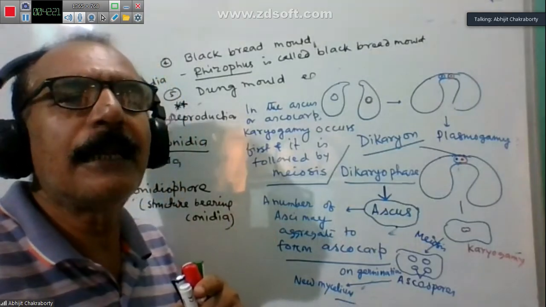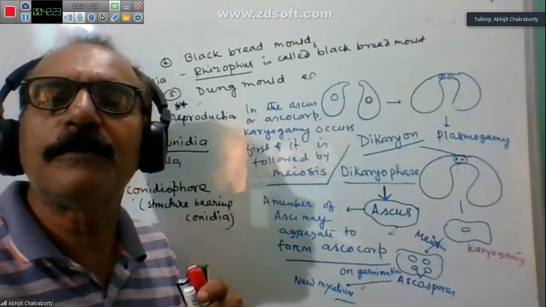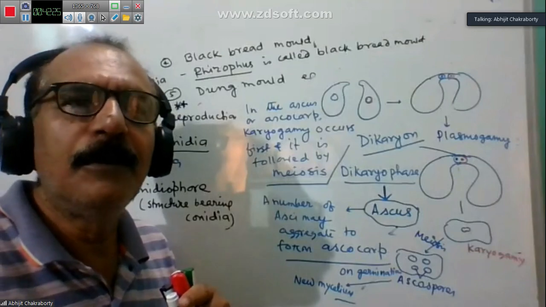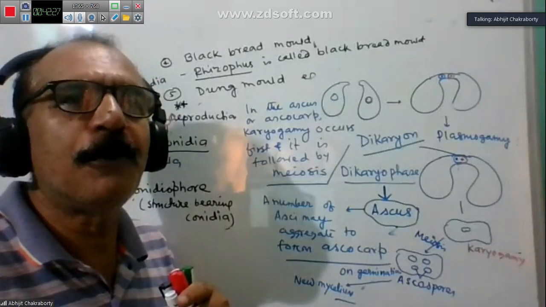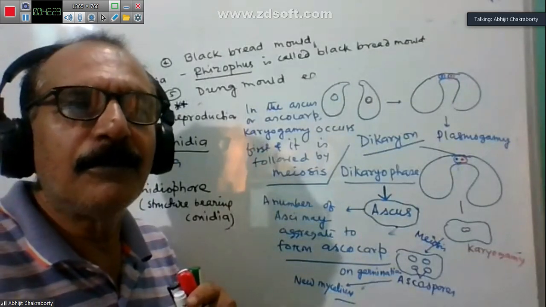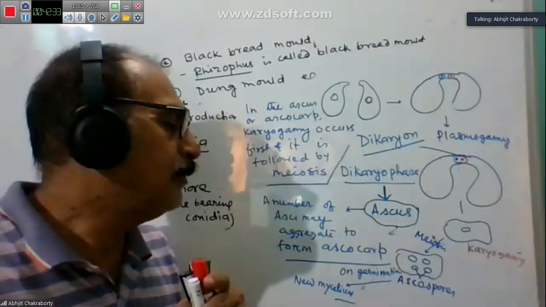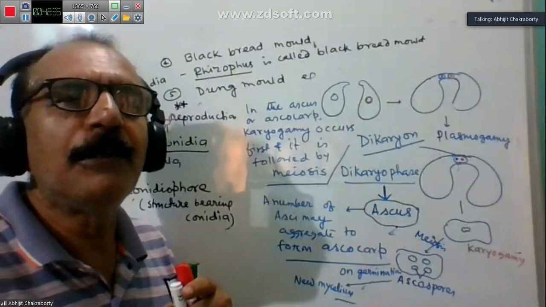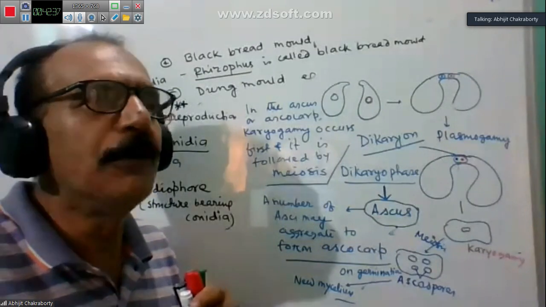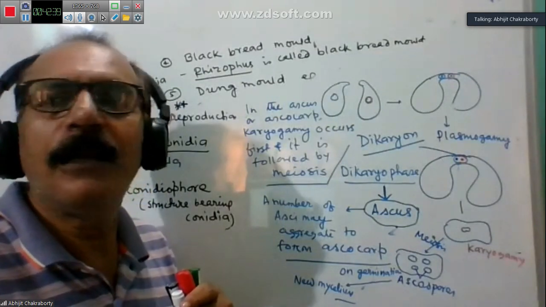Then within the ascus it undergoes meiotic division, producing ascospores. And when the wall of the ascus is broken down, ascospores are liberated and will give rise to new fungal mycelium.